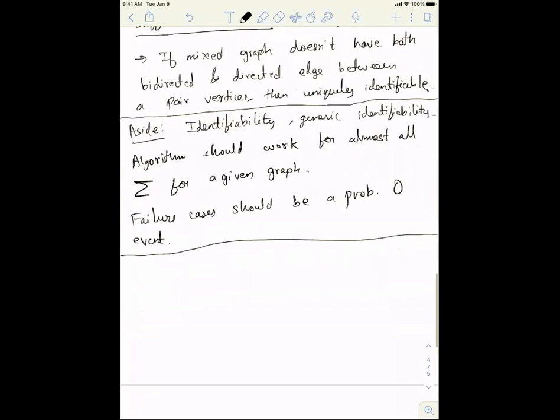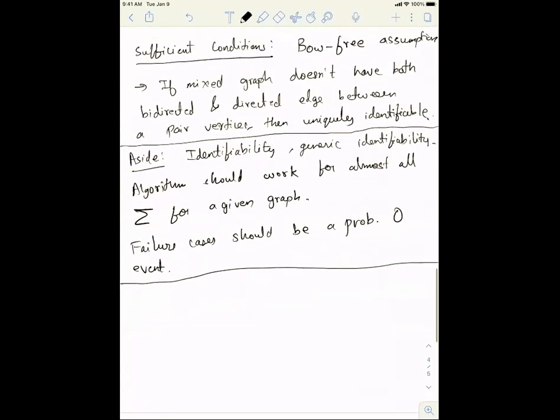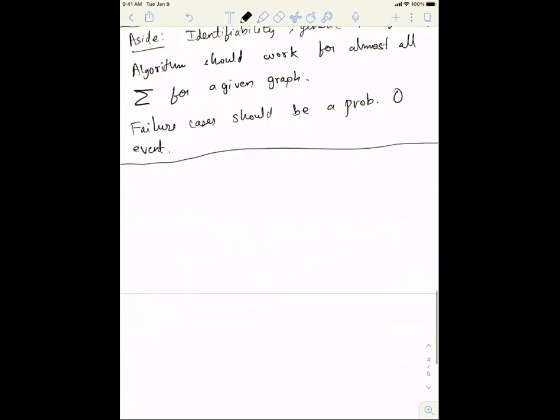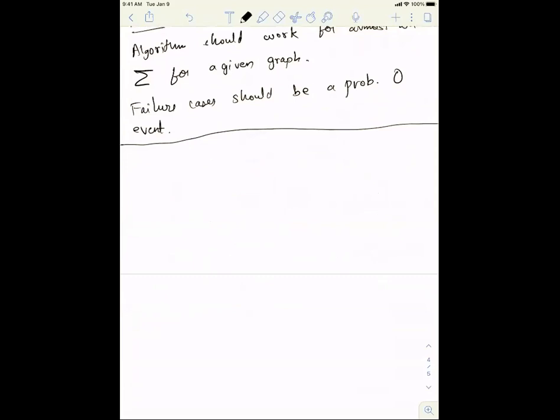Okay, so let's see what this algorithm is. This algorithm is fairly natural. Let me instantiate it on a specific kind of graph, because that's the kind of graph we are going to look at for this talk anyway. I'll call these paths, or bow-free paths.